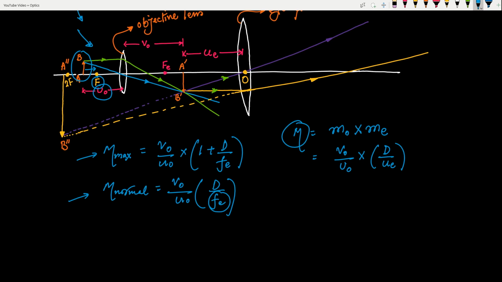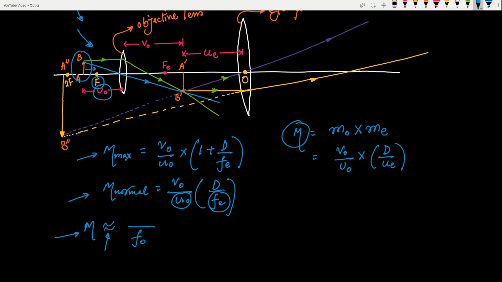This is very important. But for understanding how the focal length of the objective is responsible for magnification, this really helps. What will happen to magnification? The formula for magnification can be approximately written as, instead of UO, we write FO. I have used this approximation sign because we never use this formula for finding magnification.